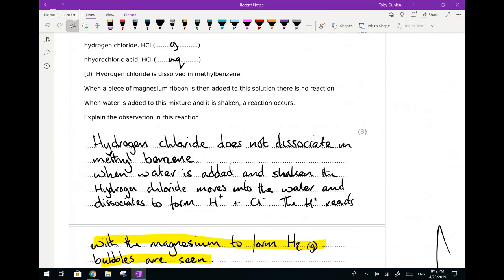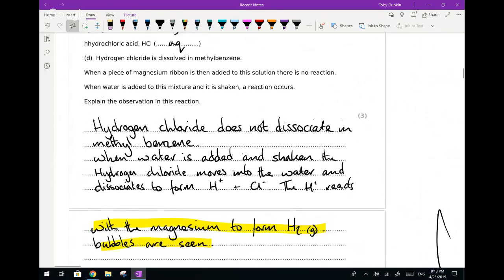We know that HCl is hydrochloric acid, but remember, an acid cannot be an acid if it is not in water. So if it's in methyl benzene, which is just another solvent, it's not water, so it can't be an acid. So it goes into methyl benzene and it won't react. You'll see no reaction. But if they add water, then the HCl will move into the water. It'll turn into an acid and then react with the magnesium ribbon, hence the shaking.